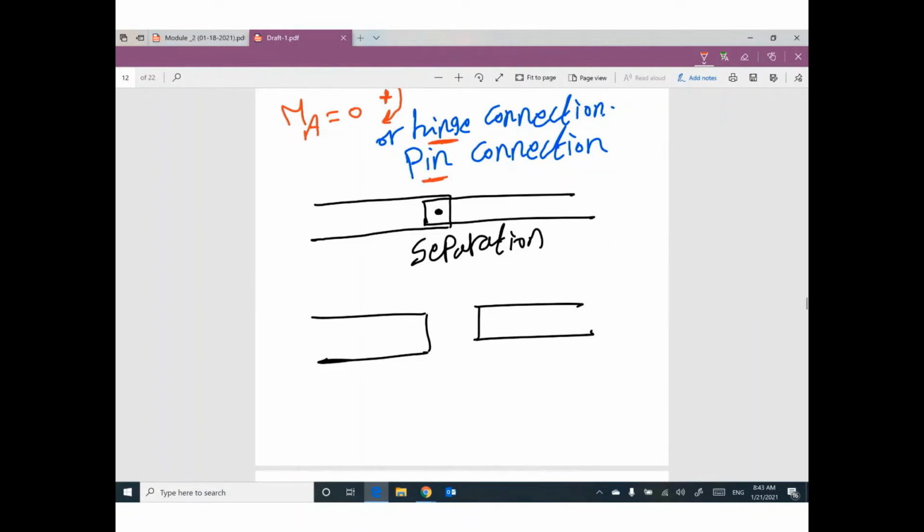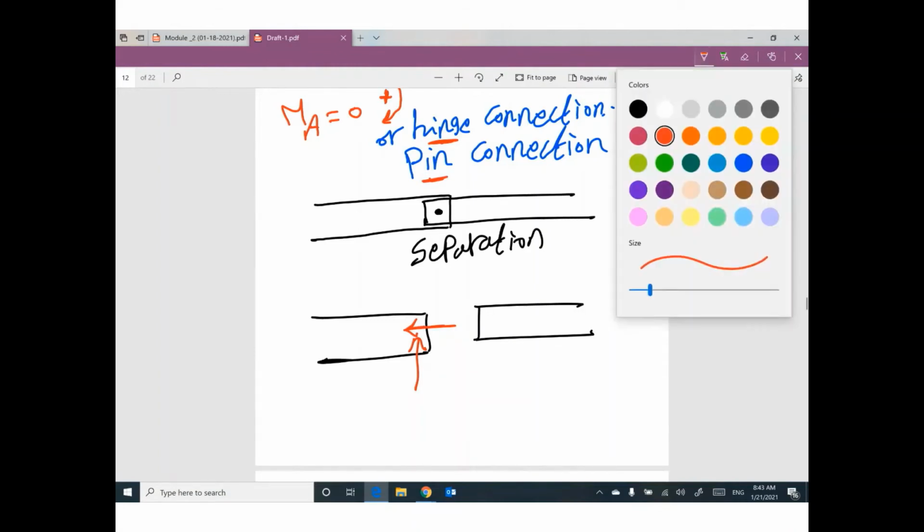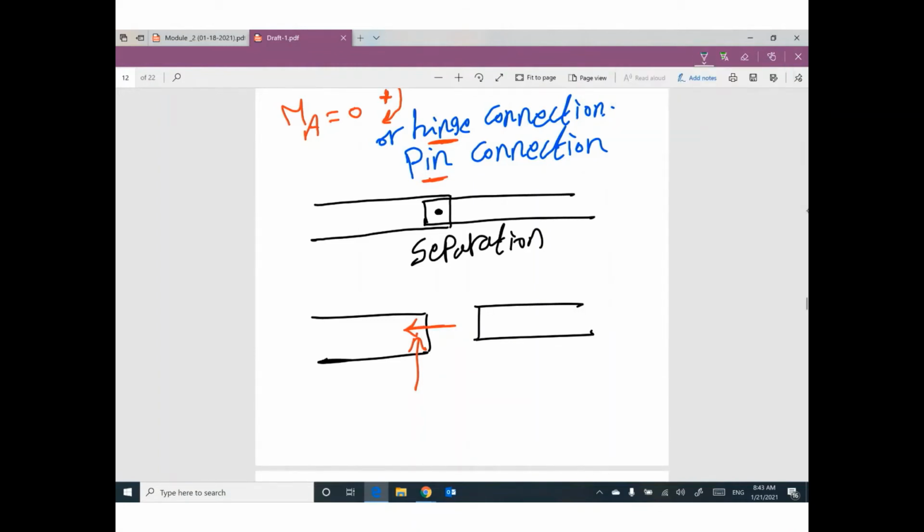This connection is hinge or pin. If you have hinge or pin, we have two reactions, one vertical and one horizontal. Do you remember what are the reactions on the other side? This horizontal one will be the same here, but in opposite direction. This vertical one will be the same here, but in opposite direction.